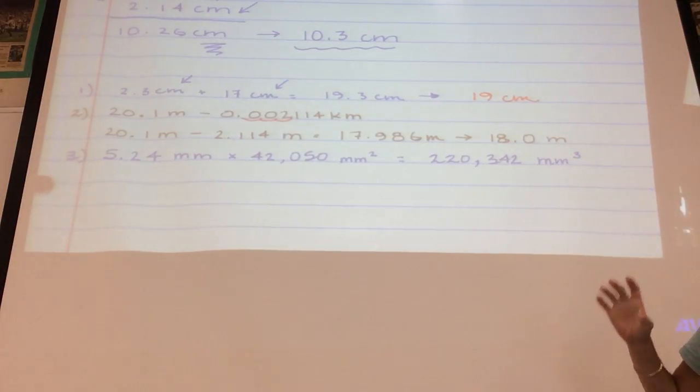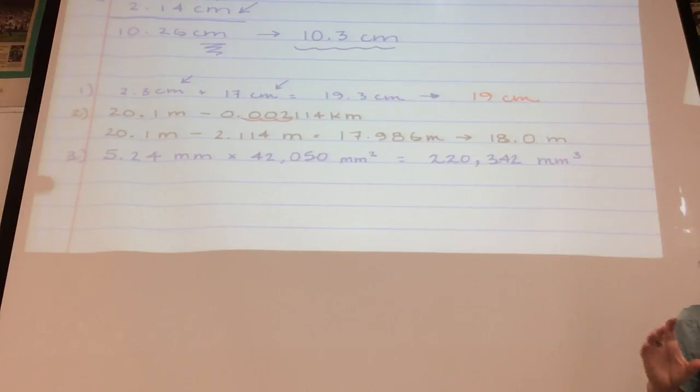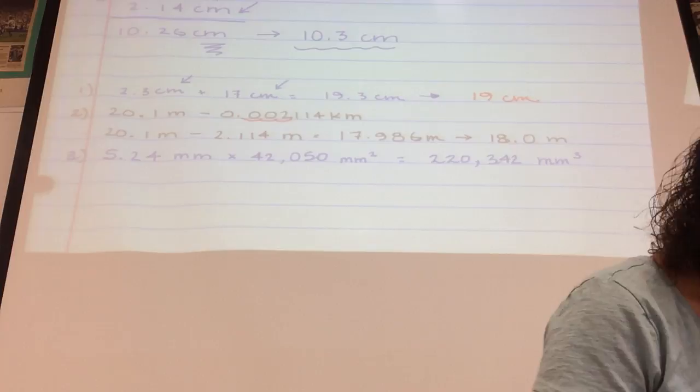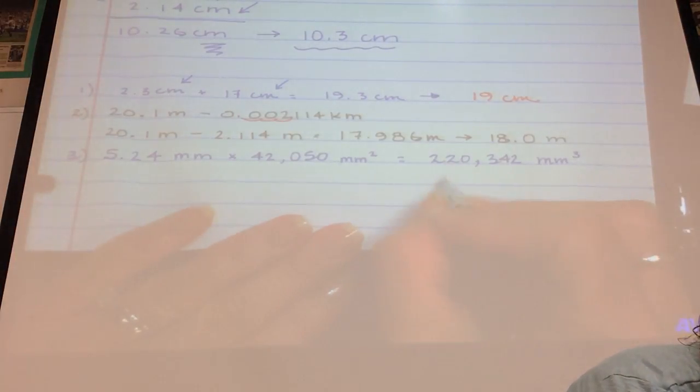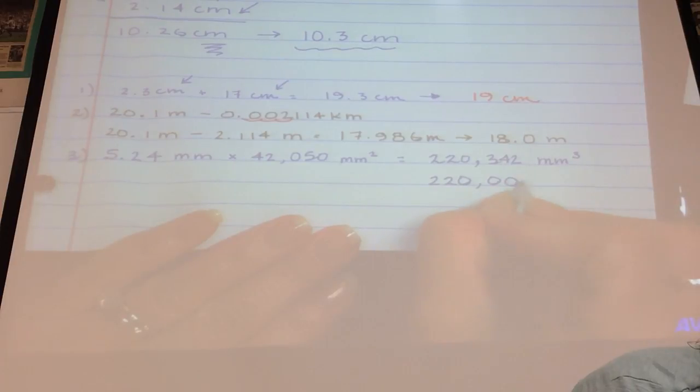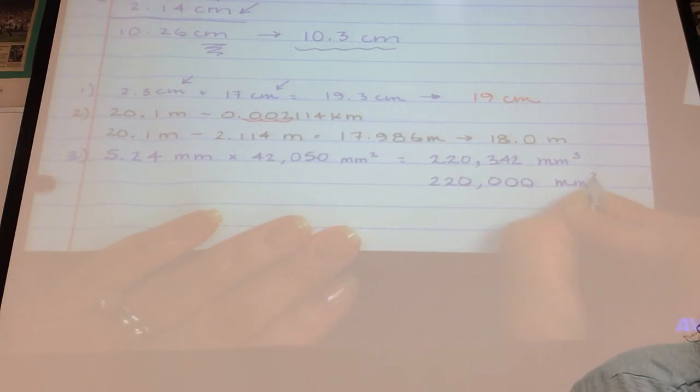In how many sig figs should our final answer be expressed? 3 is correct. Now that's going to be a problem, because if you do this, how many sig figs is that? 2.